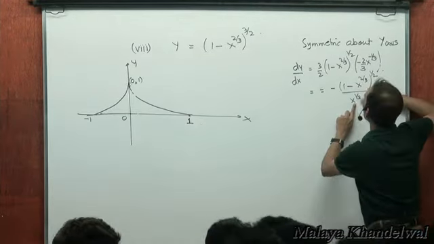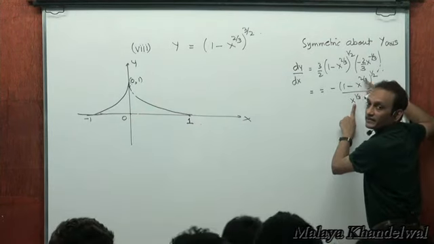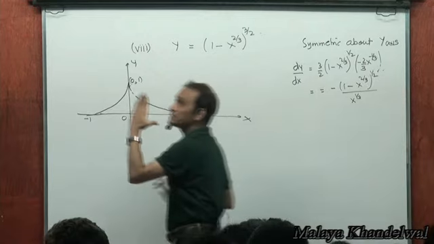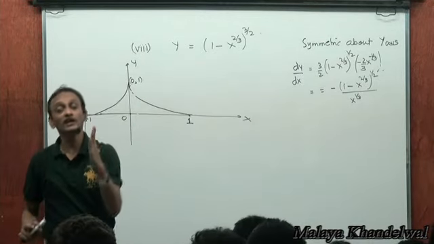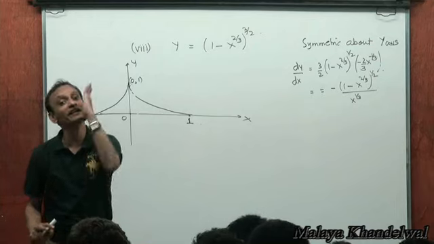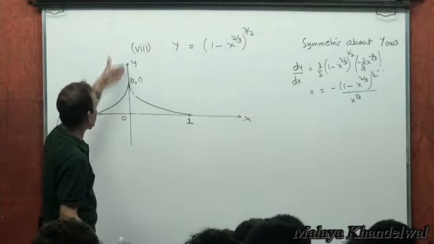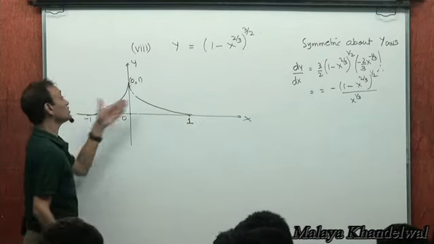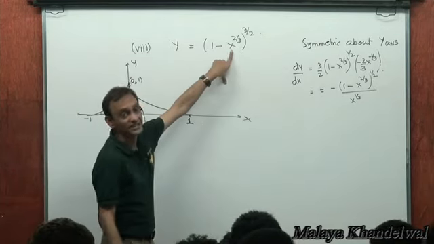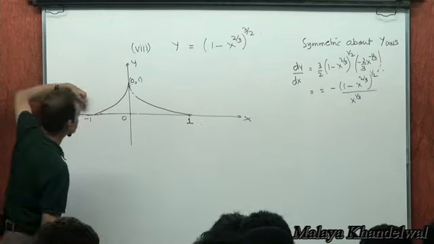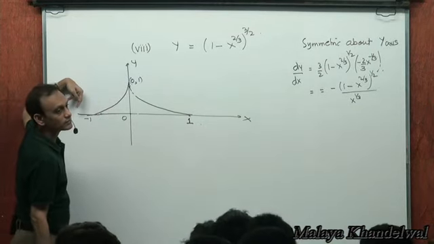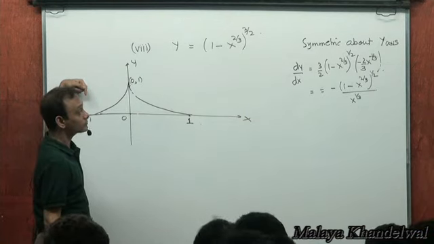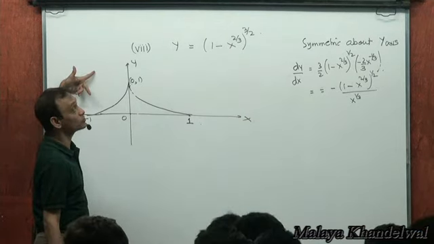At x equal to 0, it's very large, meaning a very large slope of the tangent, a vertical tangent at x equal to 0. The tangent at x equal to 0 is purely vertical. And then it enjoys symmetry about the y-axis because there are even powers of x, and therefore this would be the trace. What do you say? This would be the graph of y equal to this.